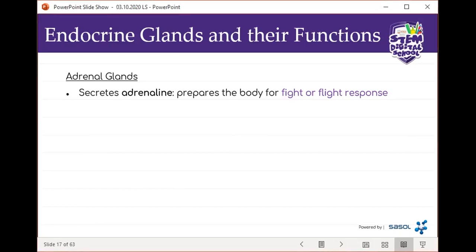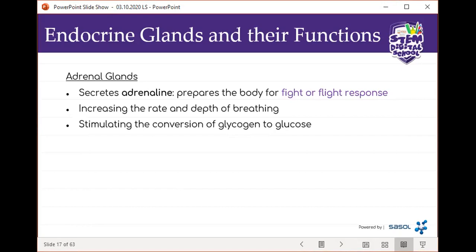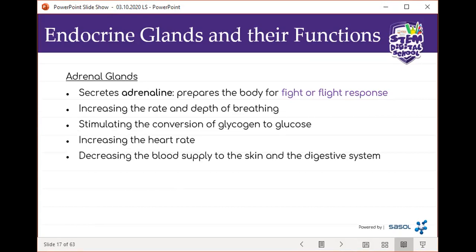Adrenaline prepares the body for a fight or flight response, and it does this by increasing the rate as well as the depth of breathing. It stimulates the conversion of glycogen to glucose, and then it also increases the heart rate and also decreases the blood supply to the skin as well as the digestive system.